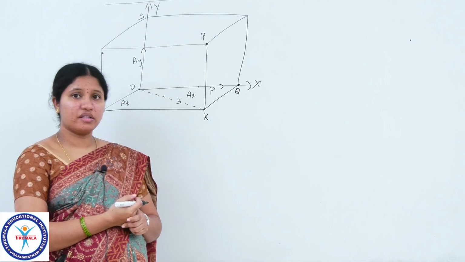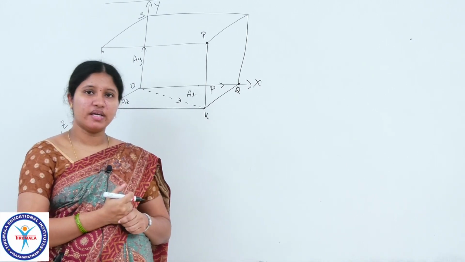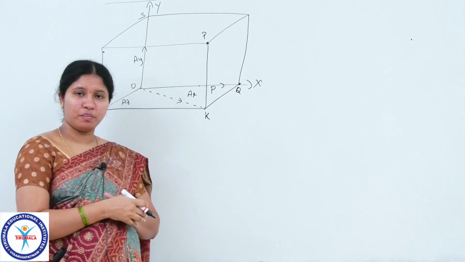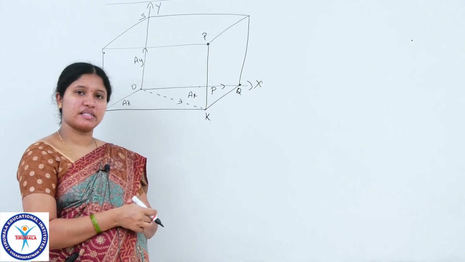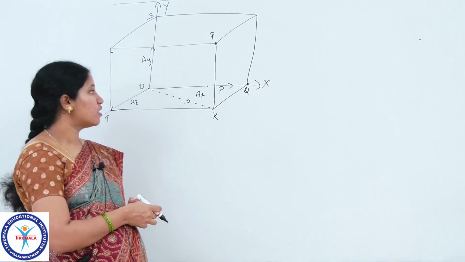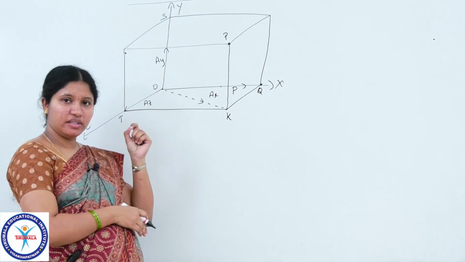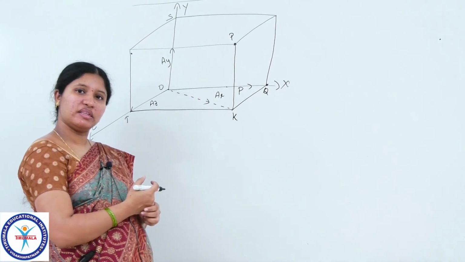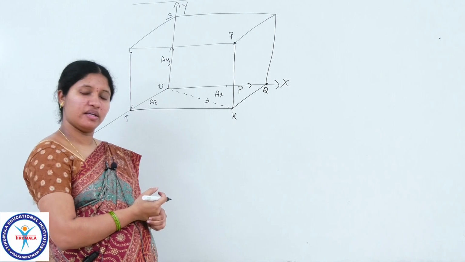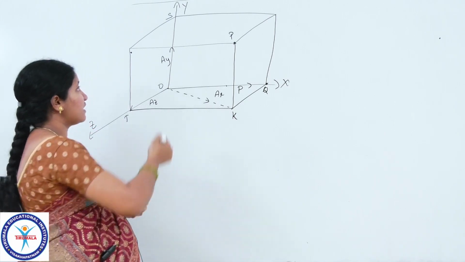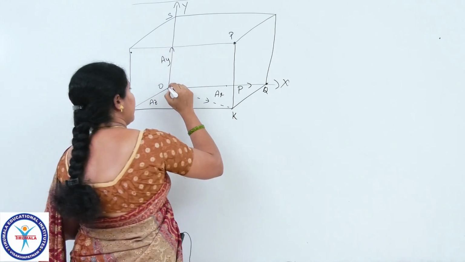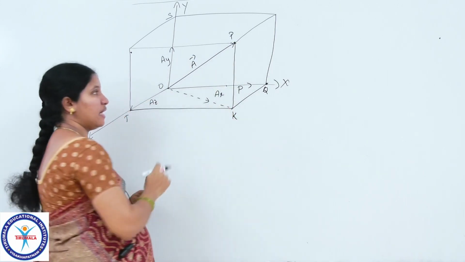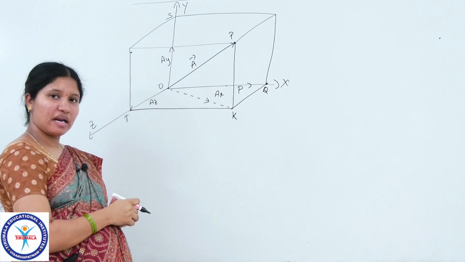Now, let us see resolution of a vector into 3 rectangular components. As we are considering 3 rectangular components, we have to consider 3 axes: x, y and z axis. I am constructing a rectangular parallelepiped with 3 edges on the 3 axes x, y, z respectively. In this rectangular parallelepiped, I am taking a vector A bar, which will be the diagonal of the rectangular parallelepiped.